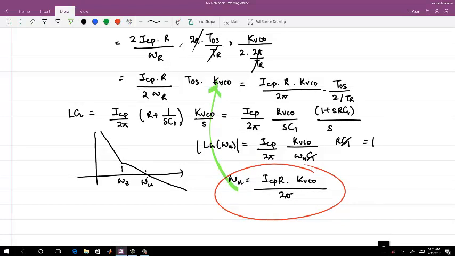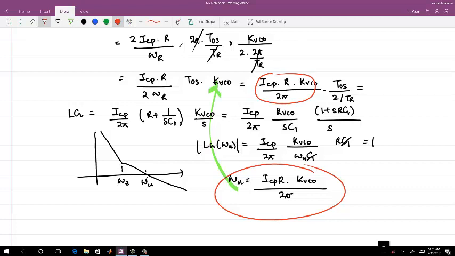So this one is equal to your F bandwidth. Omega u, I need to replace that. What should this factor be in terms of bandwidth?